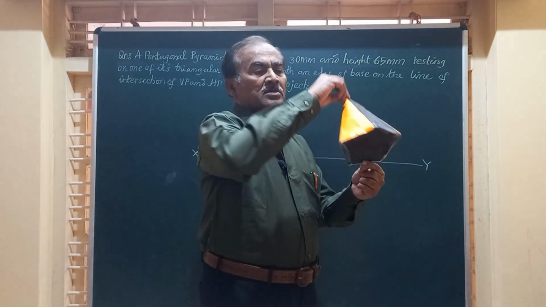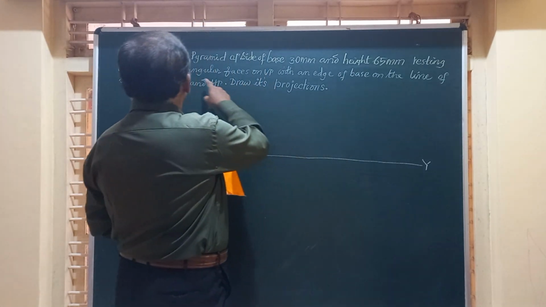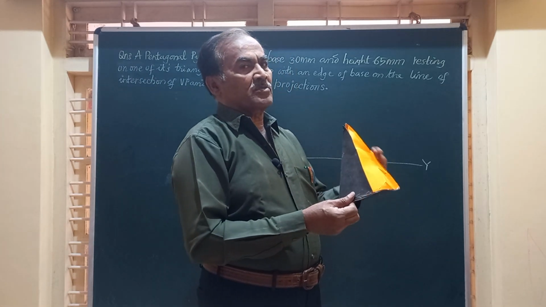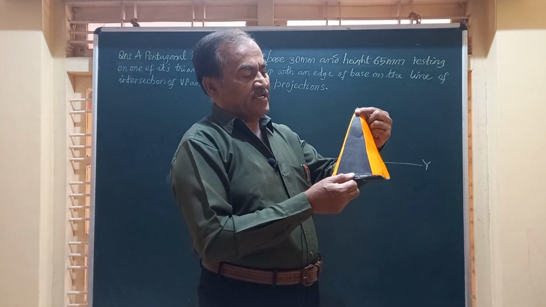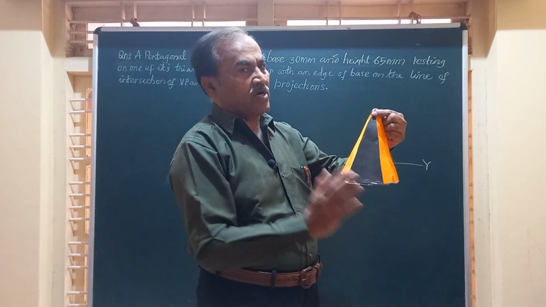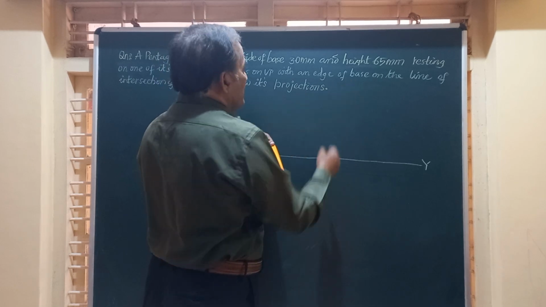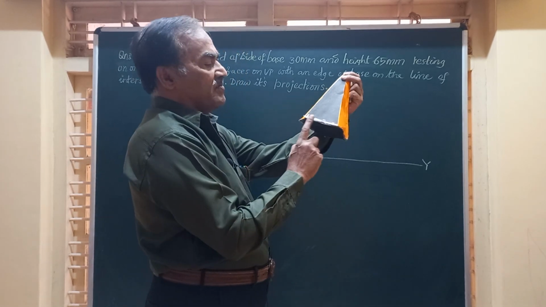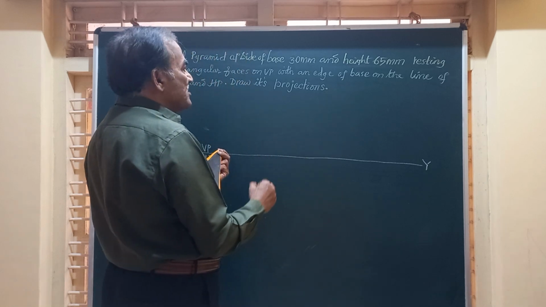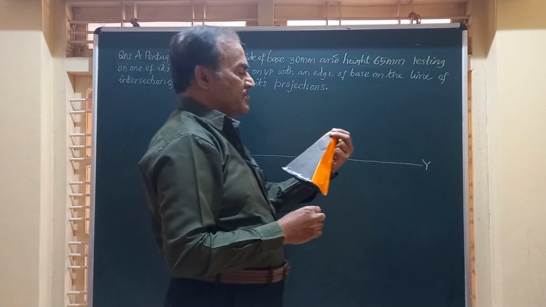In today's YouTube video, we are going to learn the projection of a pentagonal pyramid, which is resting on one of its triangular faces on VP. So friends, finally it has to rest on this triangular face OAB on VP, such that an edge of the base, that is, one of the shorter edges of the triangular face, is on the line of intersection of VP and HP.